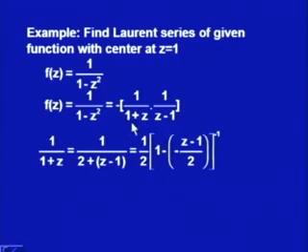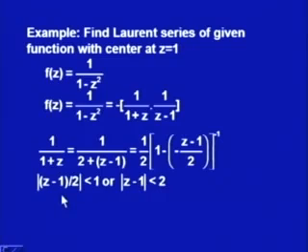Now, this is already in powers of z−1. So, if we express 1/(1+z) in powers of z−1, then we are through. To express this in powers of z−1, we rewrite 1/(1+z) as 1 divided by 2 plus (z−1), and then 2 can be taken out and we will have [1 + (z−1)/2] raised to power −1.